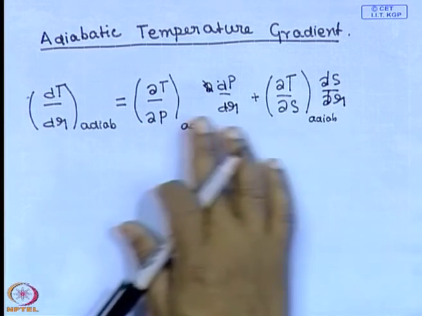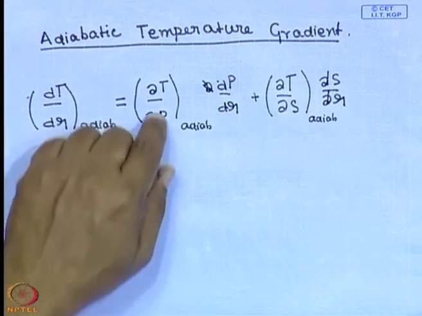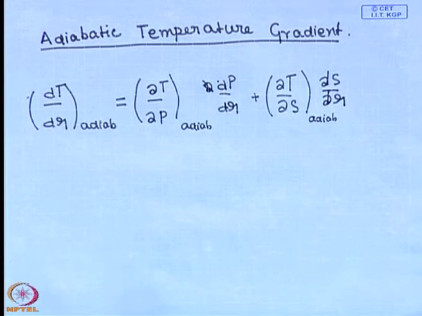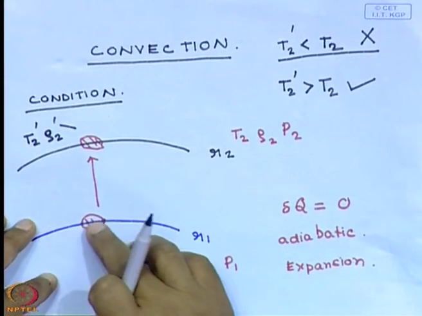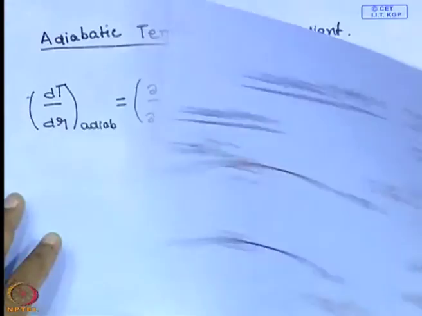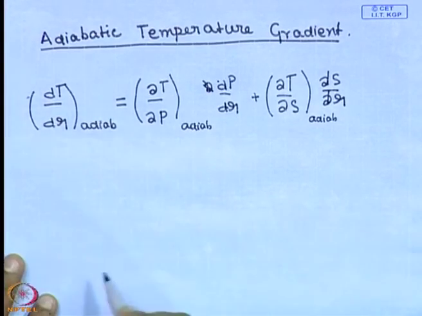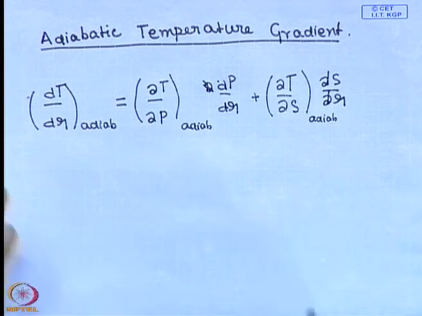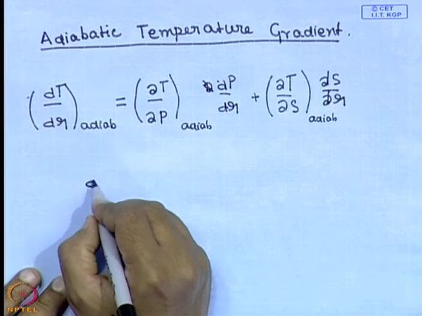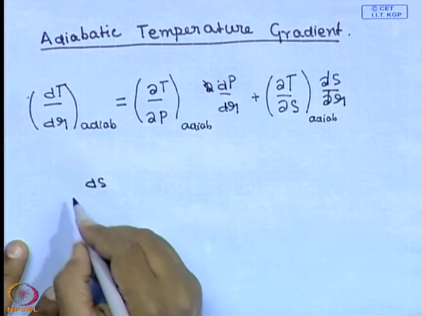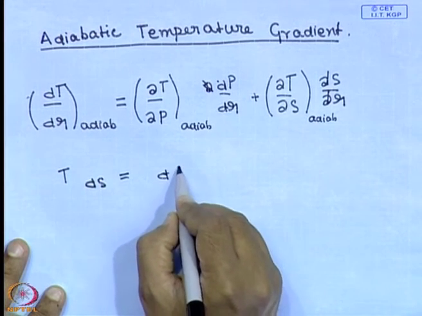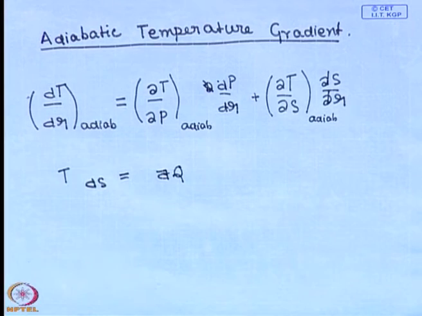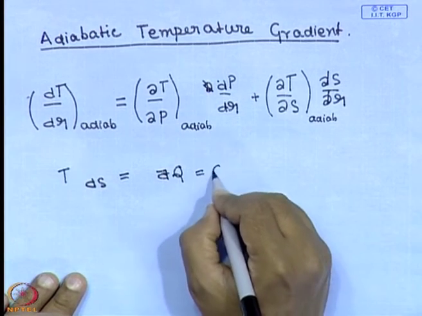The entropy and the pressure are state variables, they vary with r. Now, if you have adiabatic expansion of this volume of gas, then the heat exchange is 0, and we know that the entropy change dS into T, the temperature, gives us the heat exchanged, and this is 0 in an adiabatic process.